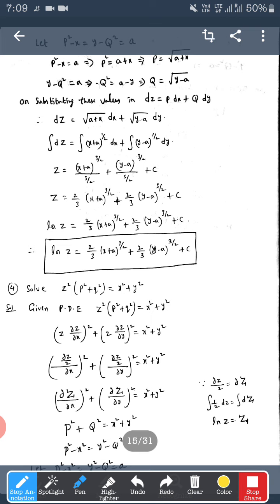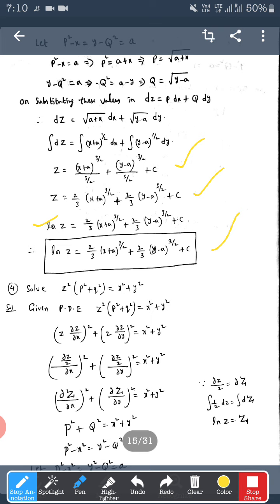Therefore, after integrating this, z is equal to (x plus a) whole power of 3 by 2 by 3 by 2 plus (y minus a) whole power of 3 by 2 by 3 by 2 plus c. So this is the solution for Z. Therefore, in place of Z, we are assuming log z, capital Z is equal to log small z. Therefore, log z is equal to this, and this is the solution.